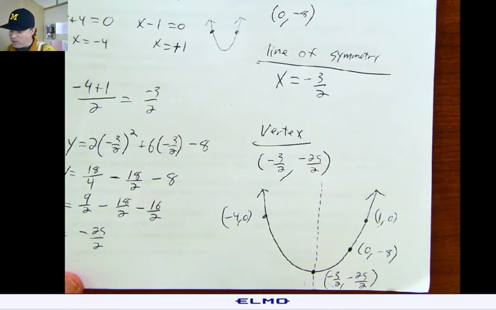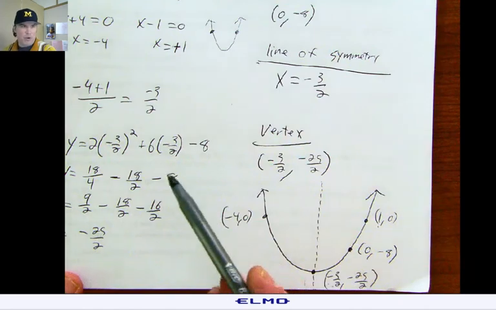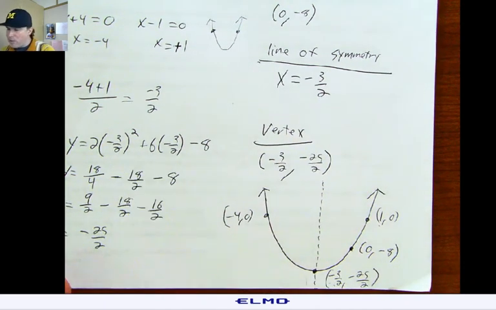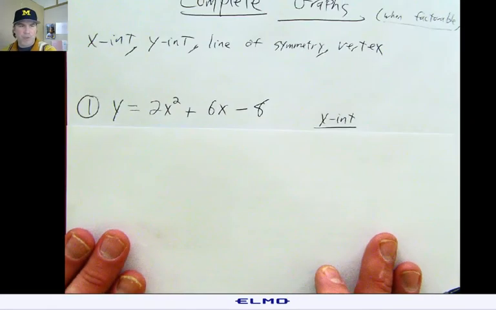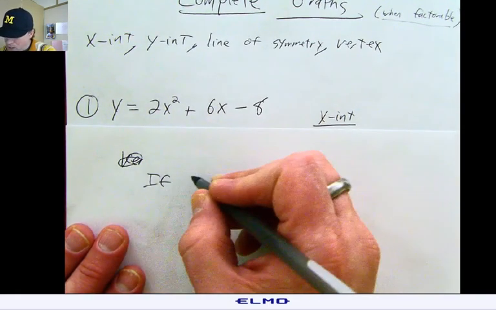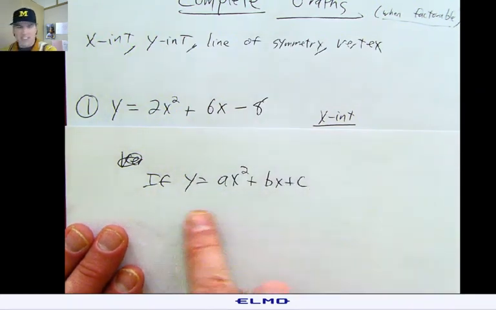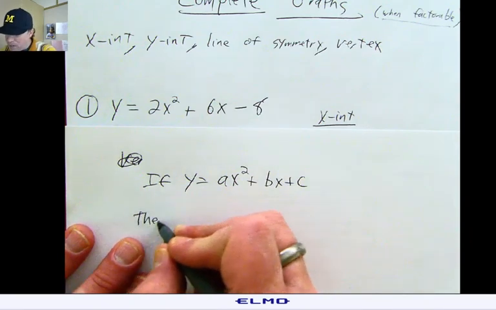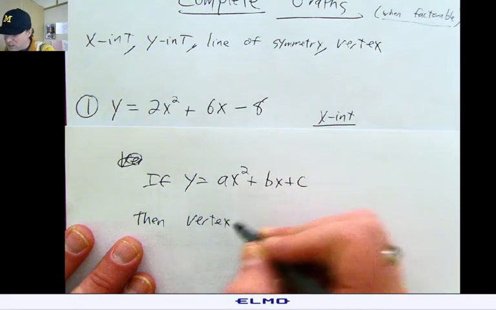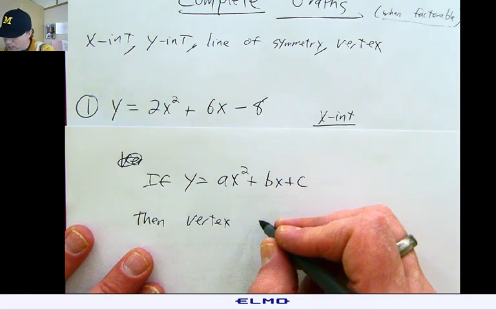To finish off with, the vertex: if it's factorable, I always just do the middle. But here's another trick to find the vertex. If you have a standard form graph, so if y equals ax squared plus bx plus c, then the vertex, this is a pretty crazy trick, but it's -b over 2a.